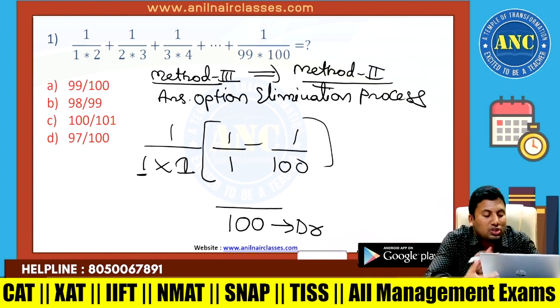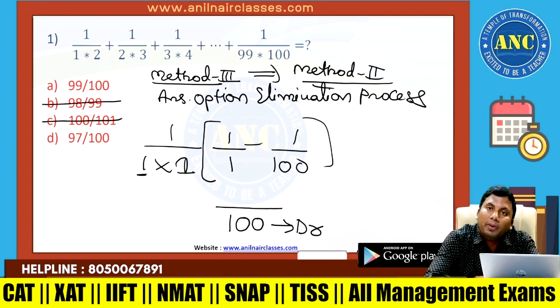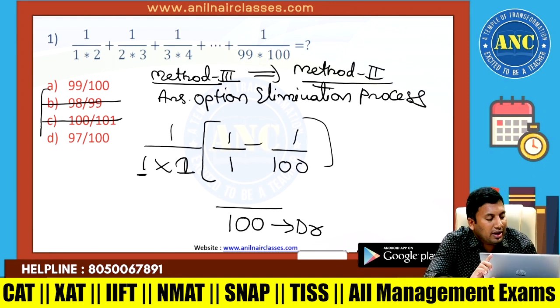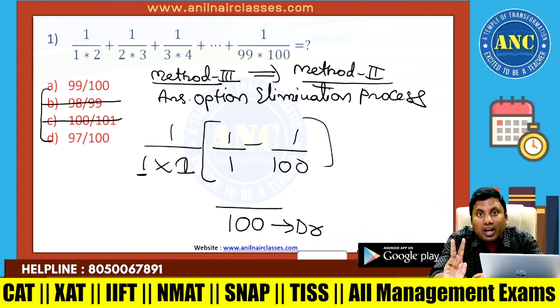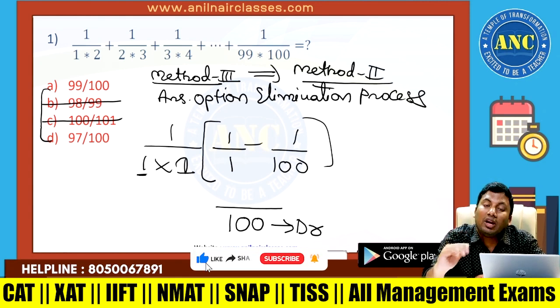If you know this, you can directly say that option B and option C are eliminated just by looking at the question. So we are stuck between 99 by 100 and 97 by 100. That means just by looking at the question itself, you are able to eliminate 2 options out of 4. That means 50% of options are removed, and only 1 of the remaining 2 is right.